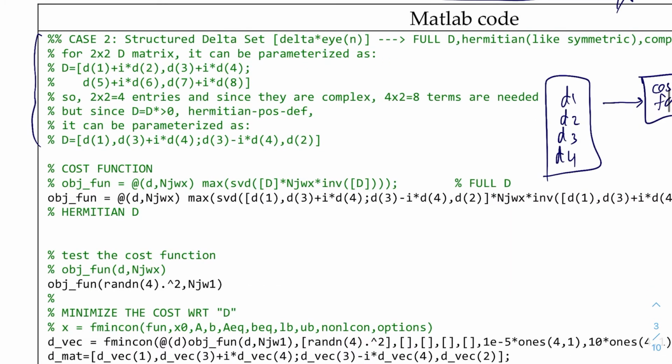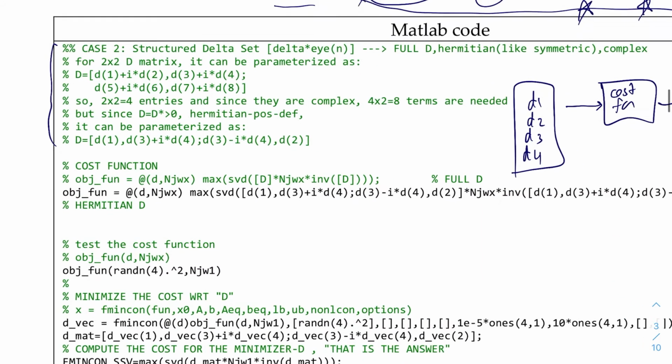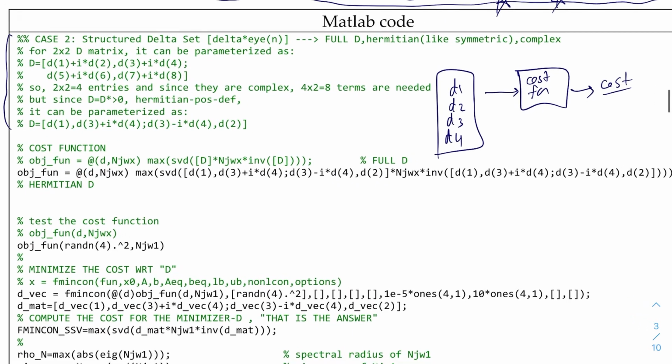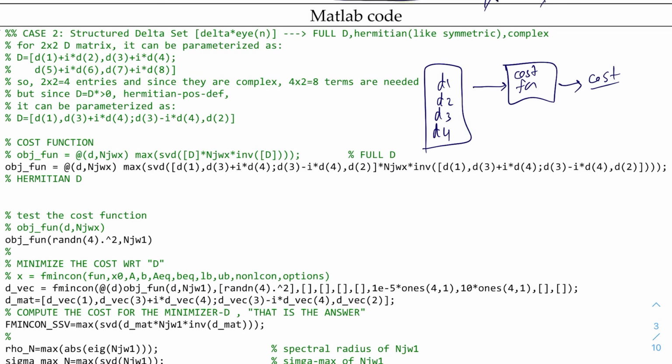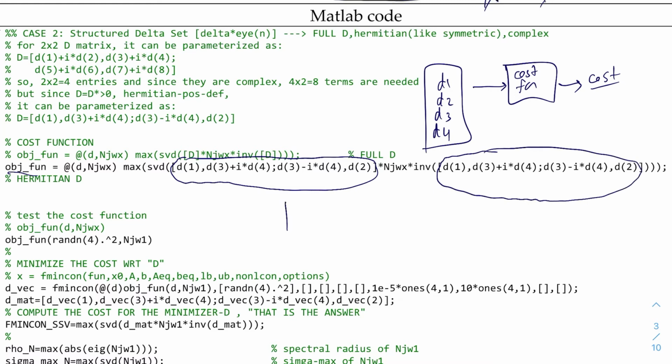Let's continue. This is the cost function, and maybe I should have written another anonymous function, because that term looks really long, with D and D inverse and SVD and max.